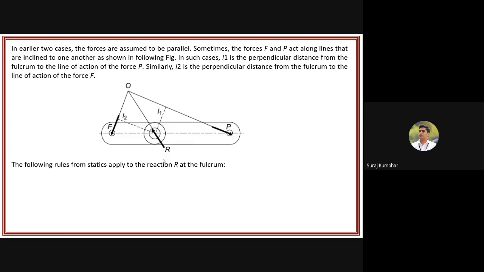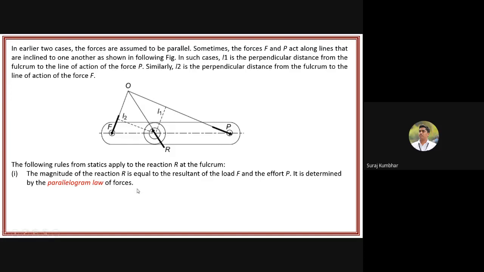The magnitude of the reaction R is equal to the resultant of the load F and the effort P. It is determined by the parallelogram law of forces. According to that law, the magnitude of the reaction R is equal to the resultant of the load F and P. So the parallelogram law is used to find the reaction at the fulcrum.